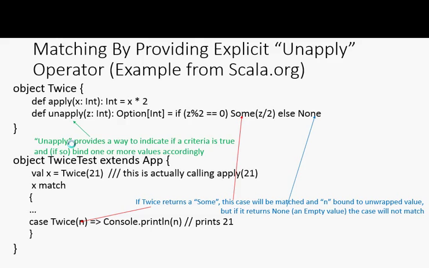Inside of it is 21, but it indicates, yes, I'm some value. And that will indicate that this case matches. Now, what will n be here? What will be the value of n? The value of n will be whatever is in this Some, which will be, if we give it 42, 21, and that will be the value of n. That's matched.